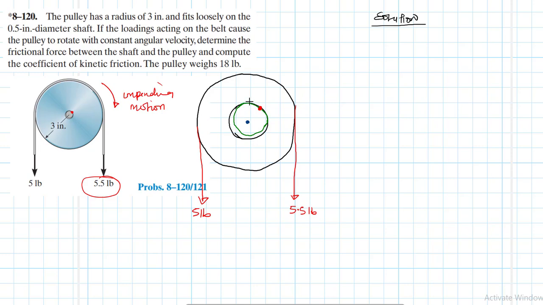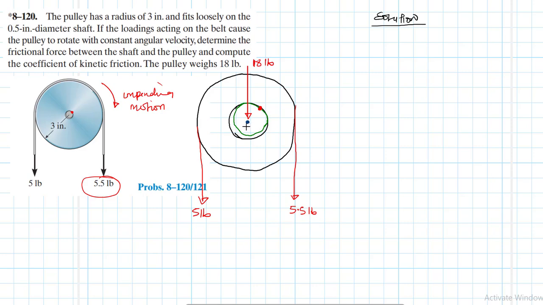What else? We've been told the weight for the pulley, and the weight is 18 pounds. Okay, what else? So now we have the diameters given.